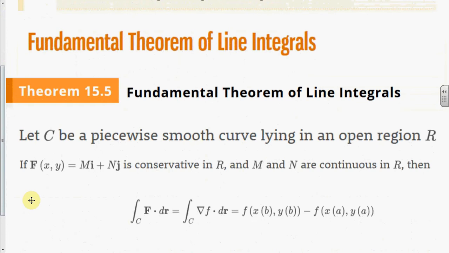So if I take the derivative of the integral, I get the original function back again. And if you have complicated limits, then you have to apply the chain rule to get the result.